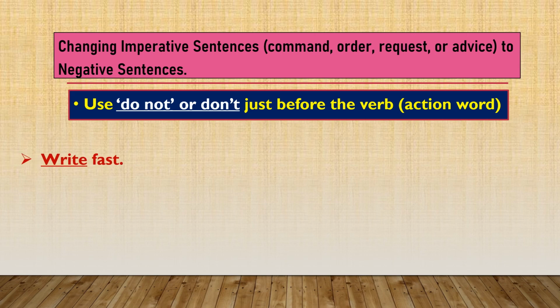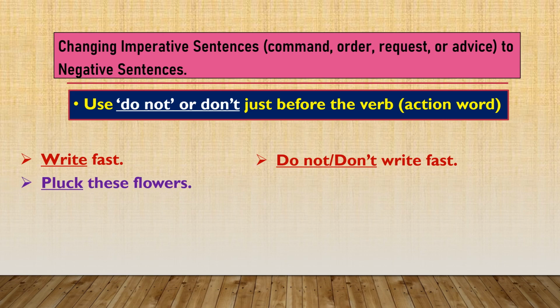Let's take an example here. Write fast. That's an order. So here you have to find the verb. Verb here is write. So we will just use the word do not before write and your sentence will change into negative. Write fast will become do not write fast.